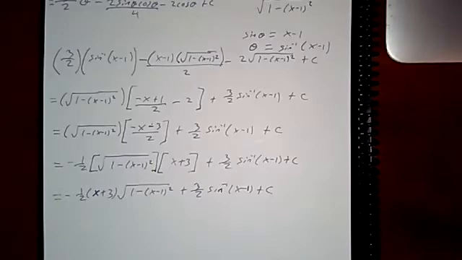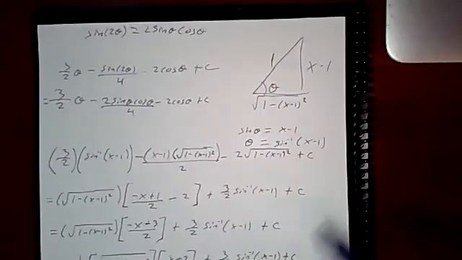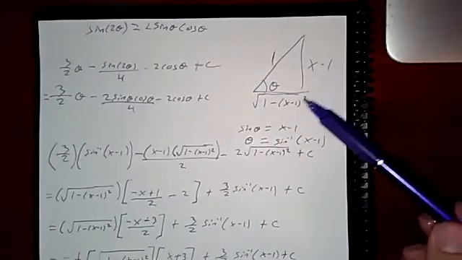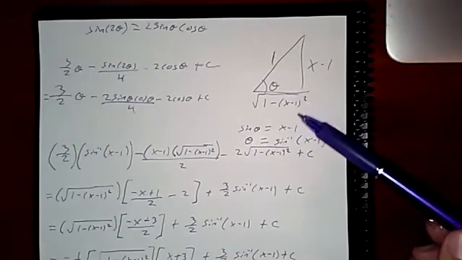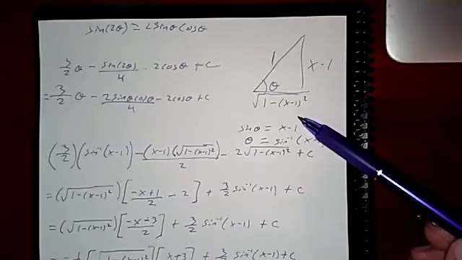That's fine. Because on the triangle, you had the square root on the opposite side. I had it over here. Yeah, I had it over there.